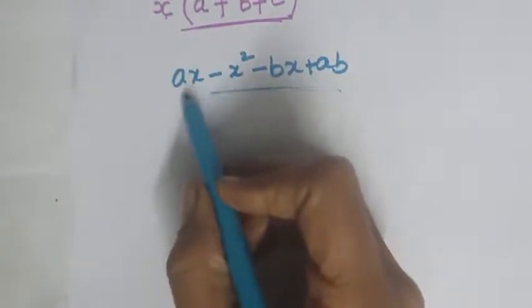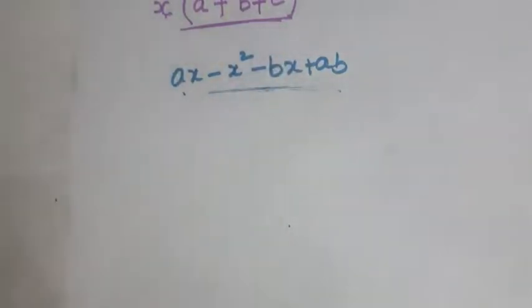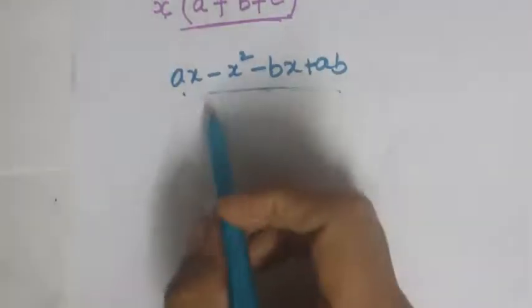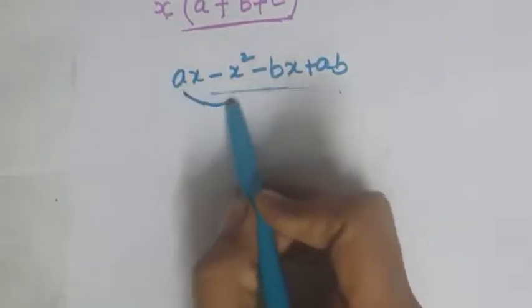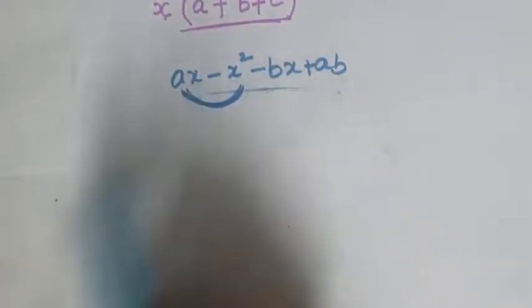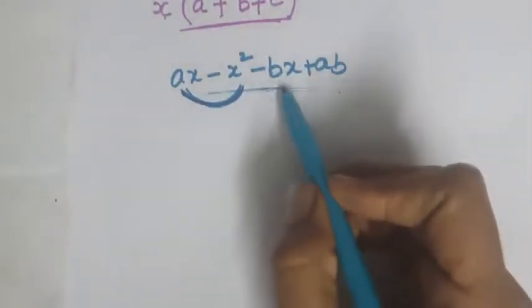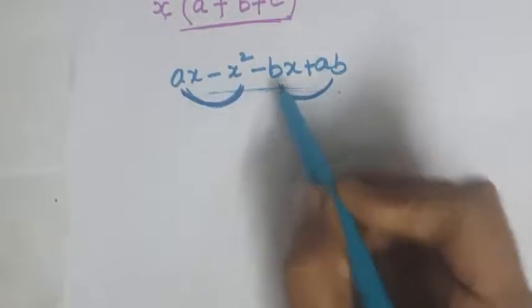Pairing means we will take two terms at a time. Now you have to think which two terms we will take as a pair. It is very clear from here that we will take these two terms as one pair and these two terms as the other pair.